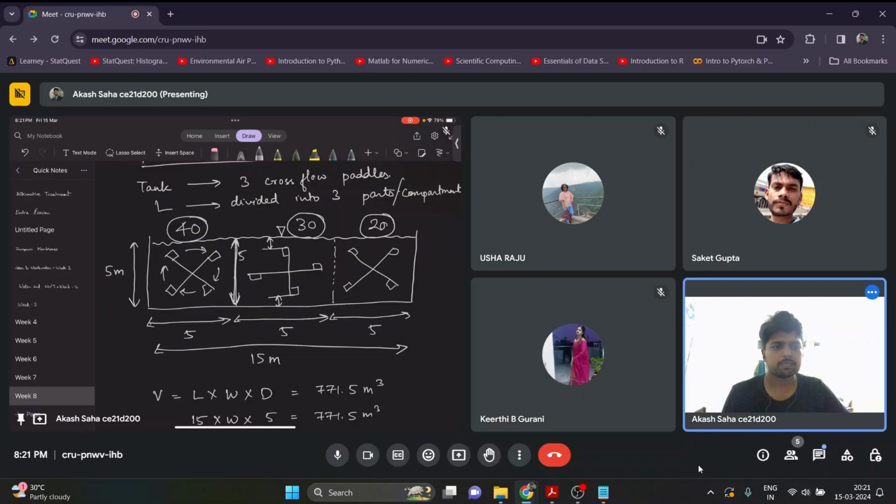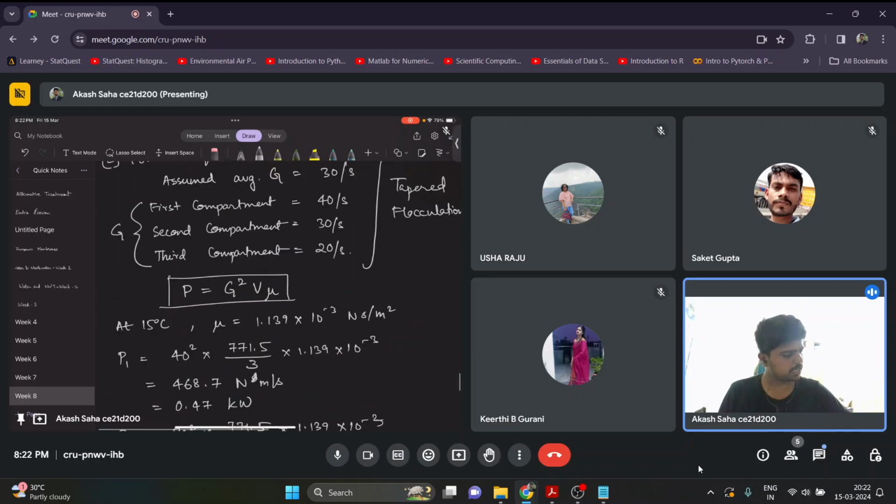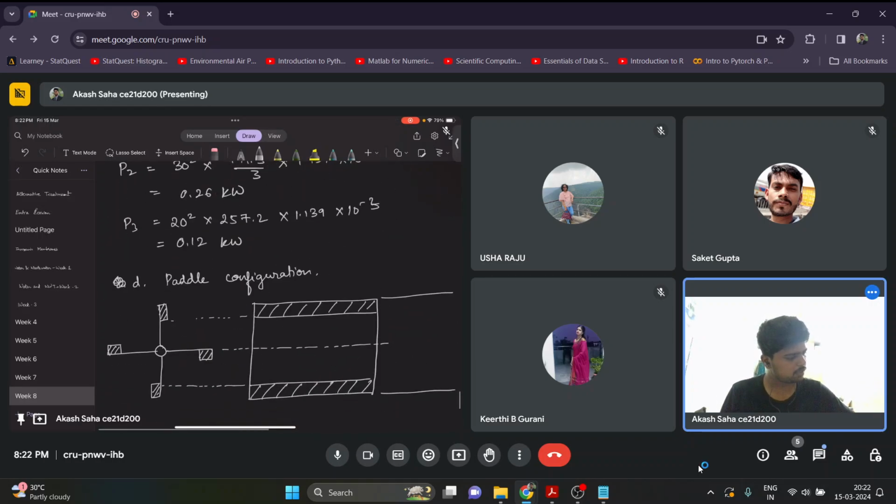Generally, more than 0.3 meter of space is given in between. So suppose we are giving 0.4 meter distance on both sides. So 5 minus 0.4 minus 0.4. So my total height of this paddle will be equal to 4.2 meter.